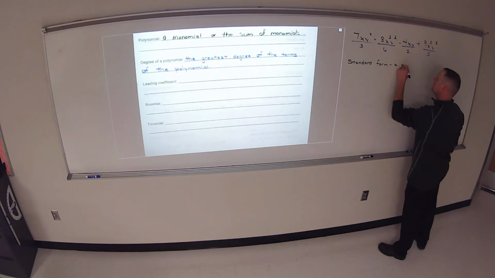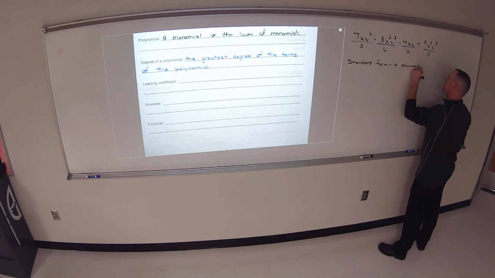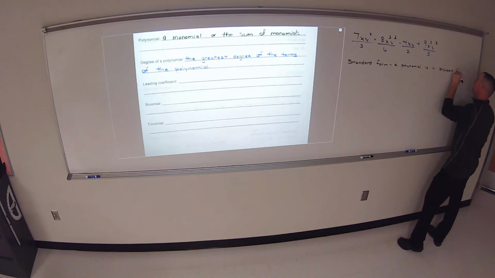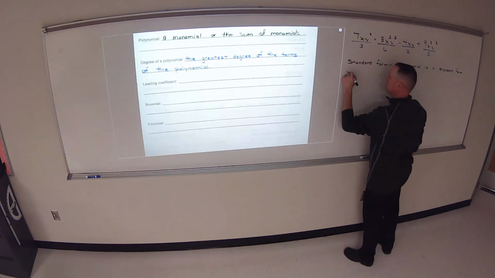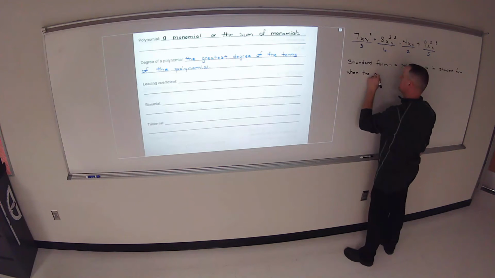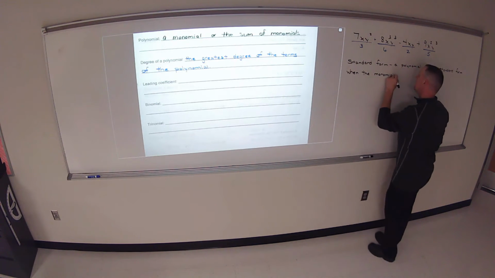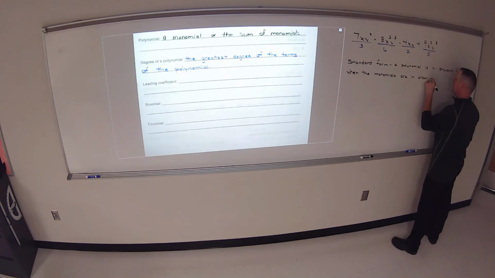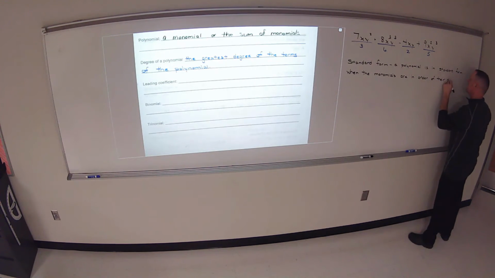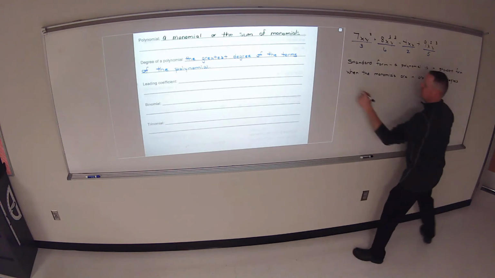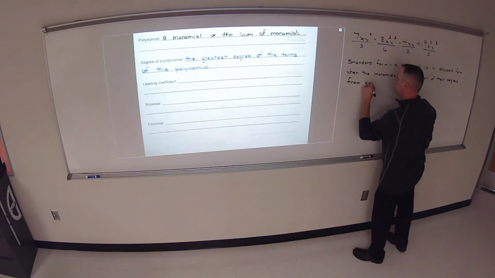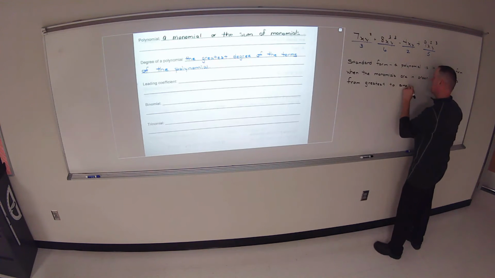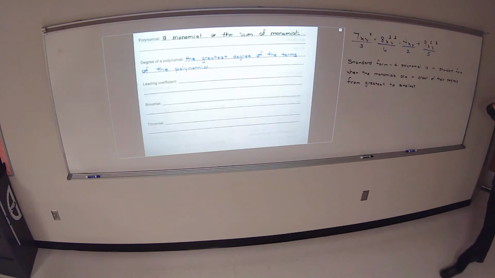A polynomial is in standard form when the monomials are in order of their degrees from greatest to smallest. That's what it means to be in standard form.